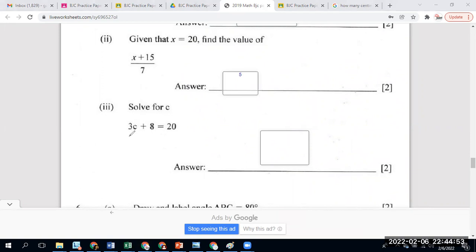So I know that 3C is equal to, I'm going to rearrange this equation, 3C is equal to 20 minus 8. And how do I get to minus 8? I'm subtracting 8 from both sides of my equal sign. 3C, therefore, is equal to 12.